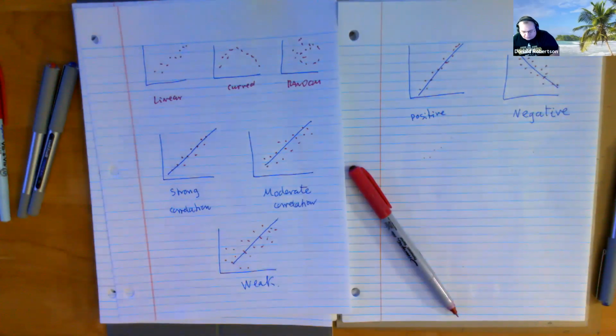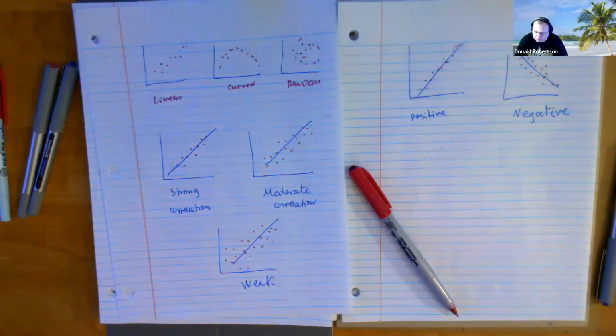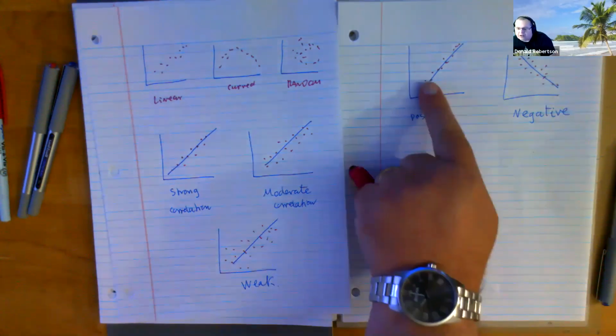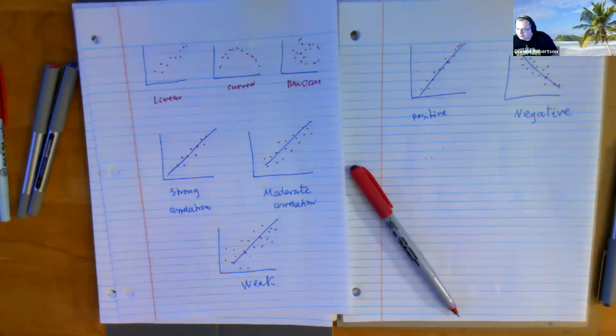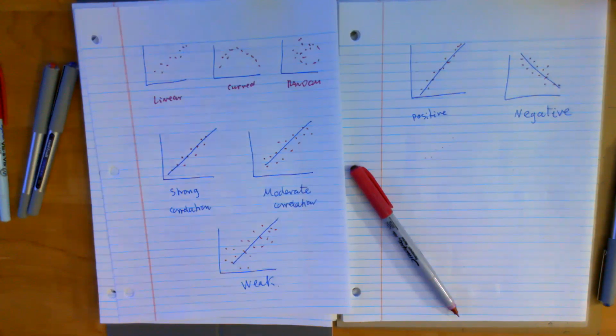Those terms, positive and negative, aren't arbitrary. There is a reason behind it. Would you agree that that line has a positive slope and this line has a negative slope? That's essentially why it's called positive and negative.